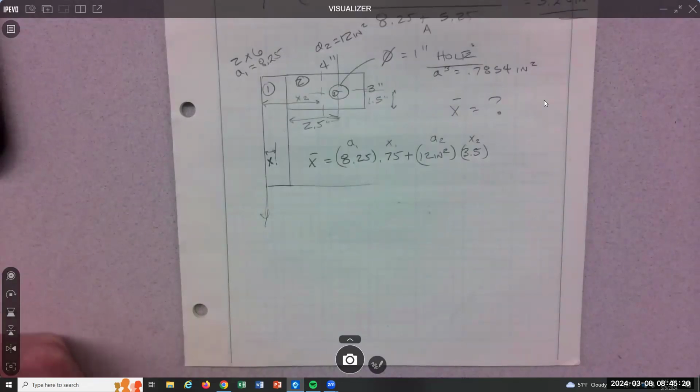Make sure you see where these numbers are coming from. Try to find them yourself first and then look at mine, and if we disagree, then we gotta figure it out.